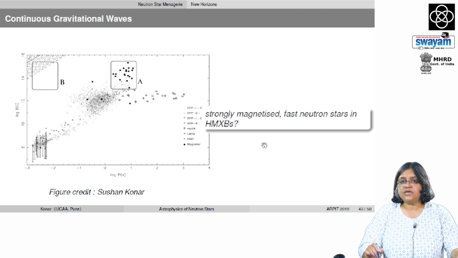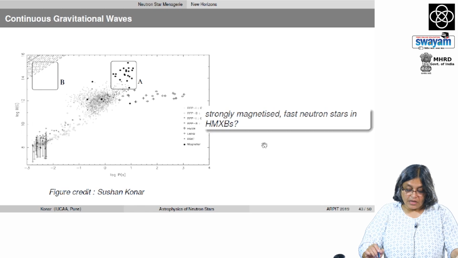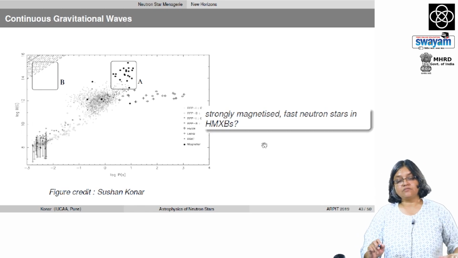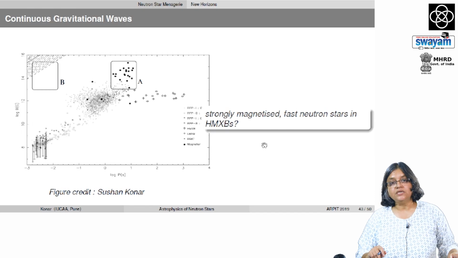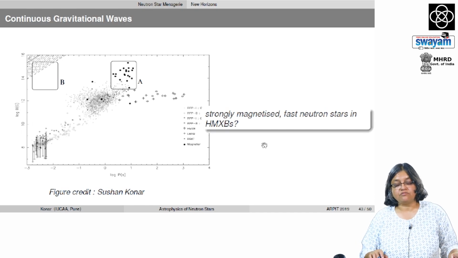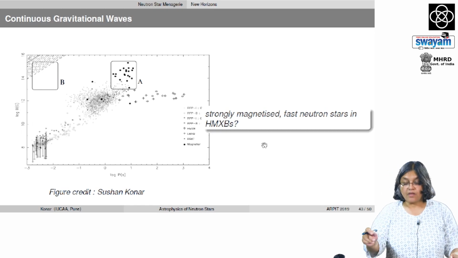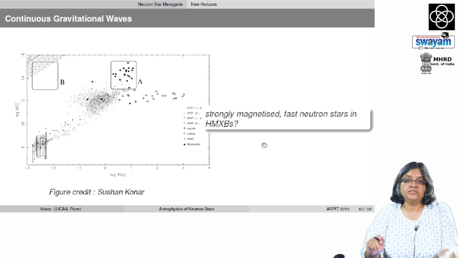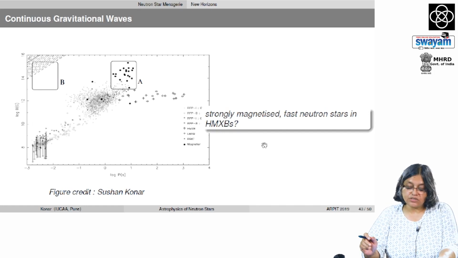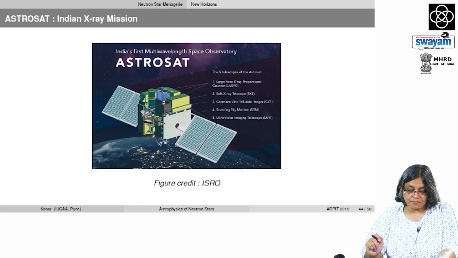Gravitational waves generated by such objects might be detectable by the space based detectors not too far from us in time. There has been some suggestion that such cases might indeed be plausible sources of gravitational wave detection, and if that happens, that would herald a new age in gravitational wave physics in detecting continuous sources of gravitational waves.